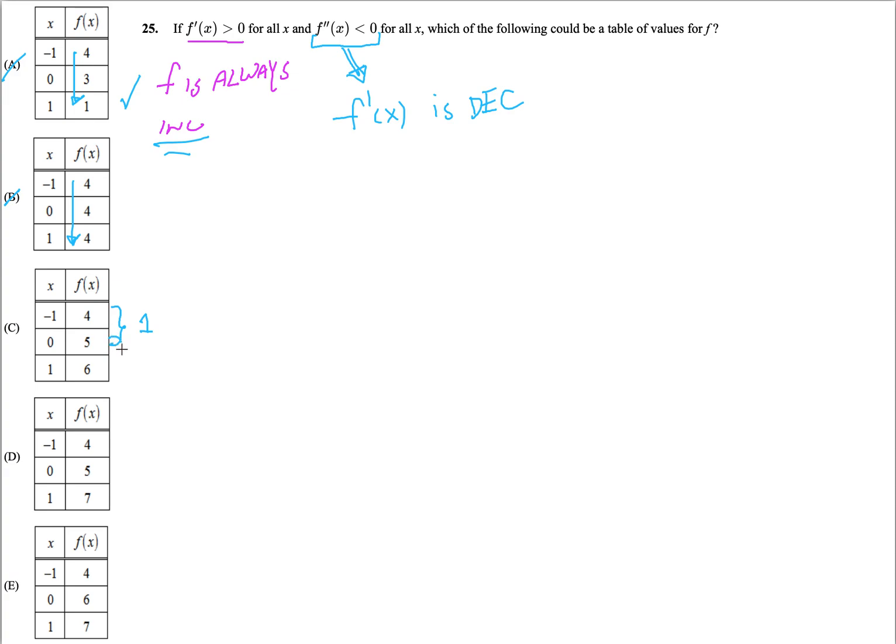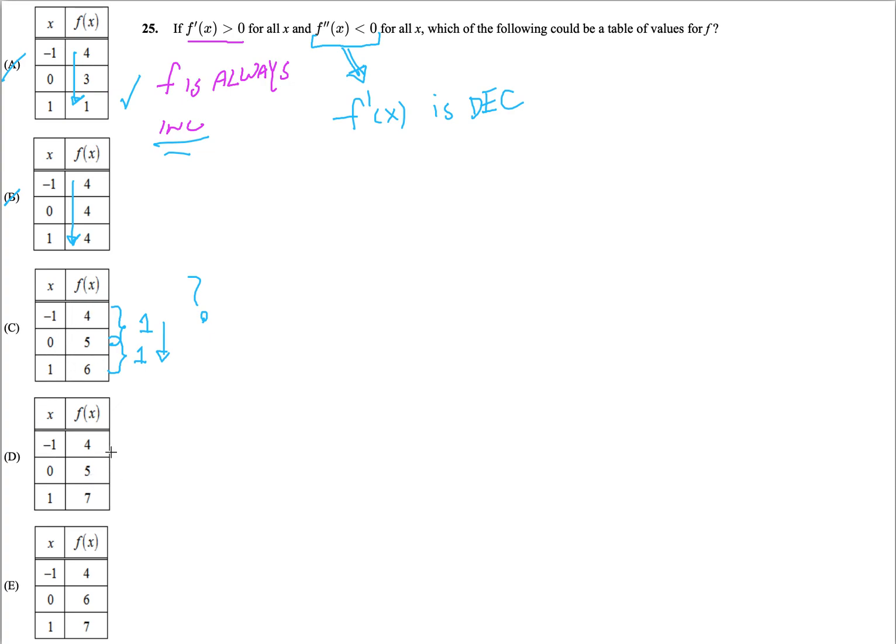And then the rate of increase among these 2 points is 1 again. So it doesn't look like the rate of increase is decreasing. It looks like the rate of increase is staying the same for this one. But we can come back to it, and if we don't have any other option, then maybe this will be our guess. But we don't want to guess.